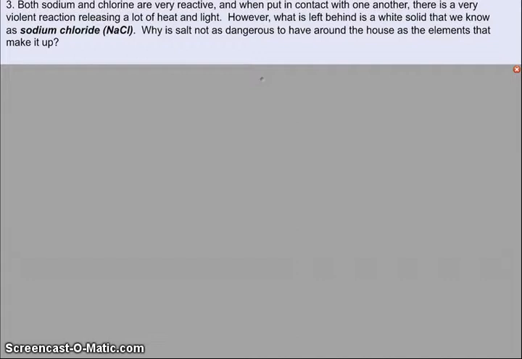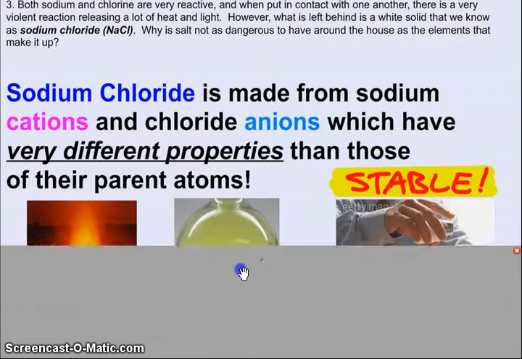So as it says here, both sodium and chlorine are very reactive. When they're put in contact with one another, there is a very violent reaction, releasing a lot of heat and light. We'll see that shortly. What's left behind is sodium chloride. Now, sodium is an extremely violent reactive metal.